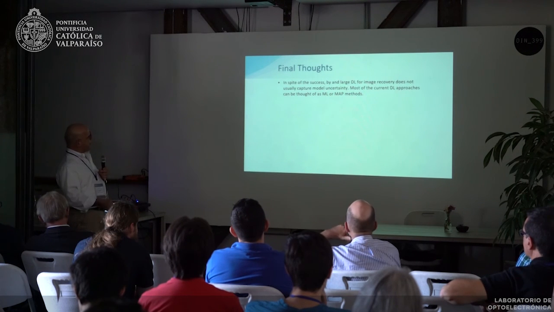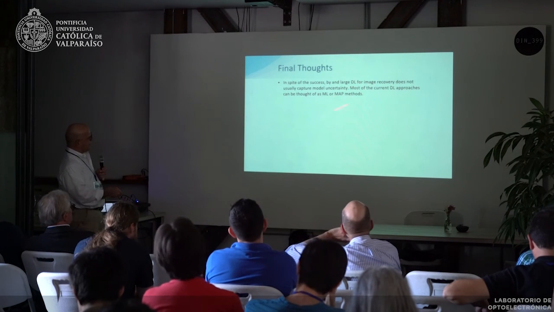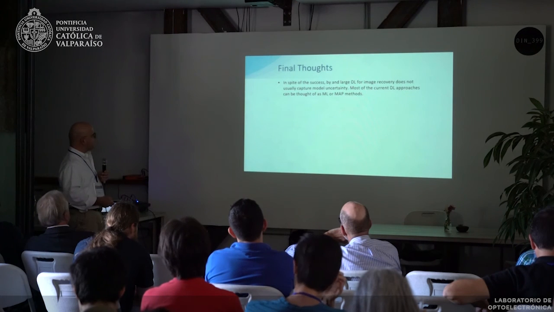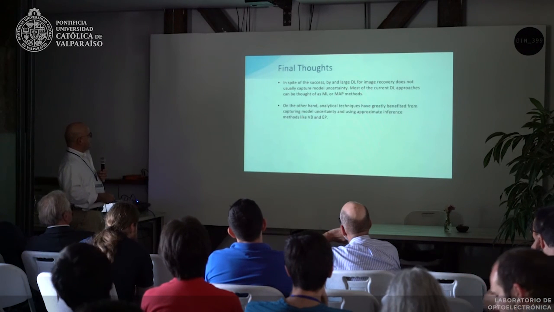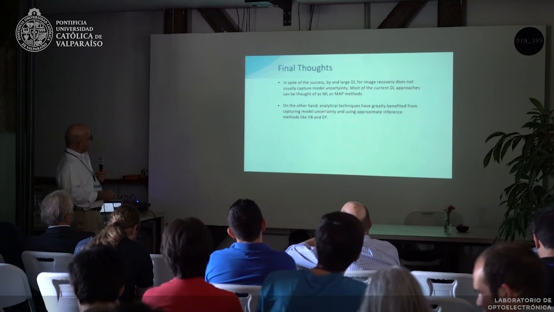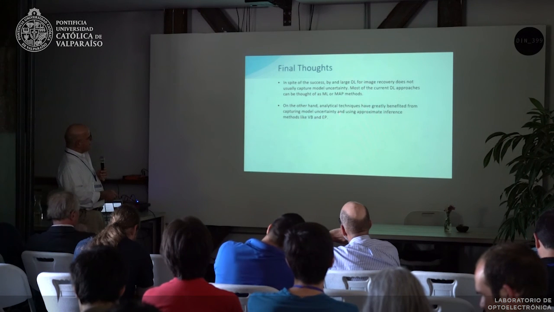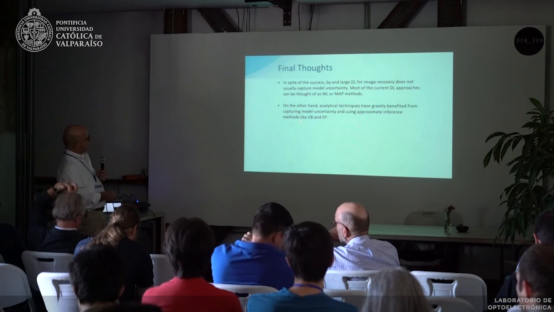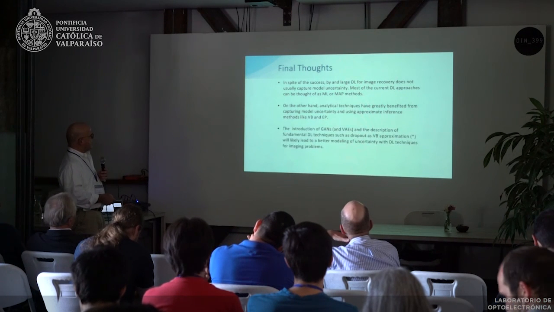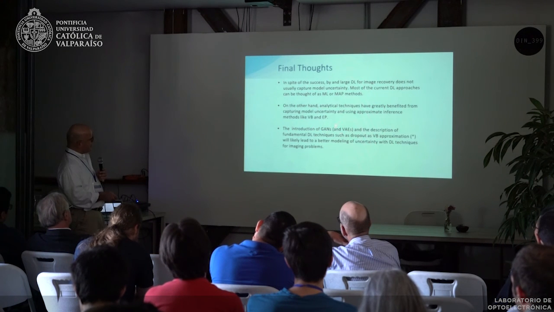In addition, going a little bit deeper, we try to look at how most of the current TL approaches can be thought of as maximum likelihood or MAP methods, not necessarily fully Bayesian methods. Also, analytical techniques can benefit from capturing more model uncertainty and using approximate inference with methods like variational Bayesian and expectation propagation, and GANs and variational autoencoders.